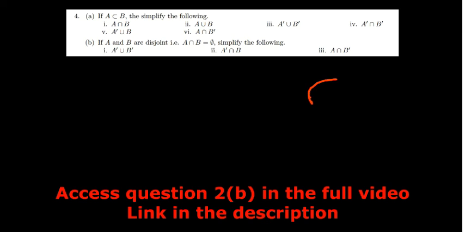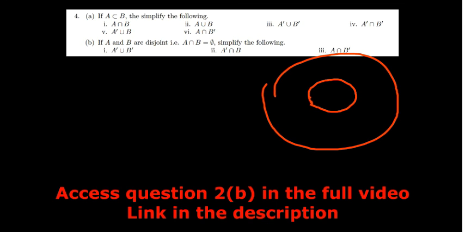Set A is a subset of B. So that's what it means. It means A is in B, I believe. A is a subset of B. So this is our A.